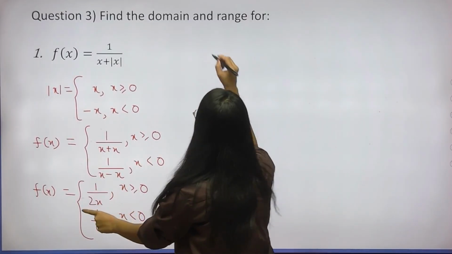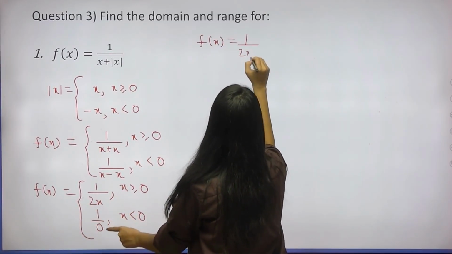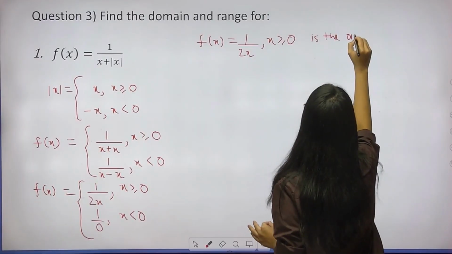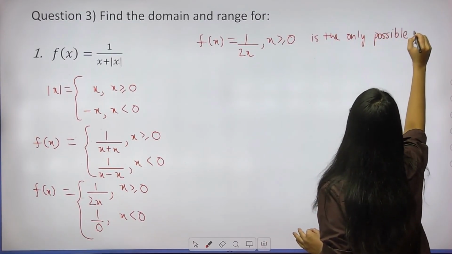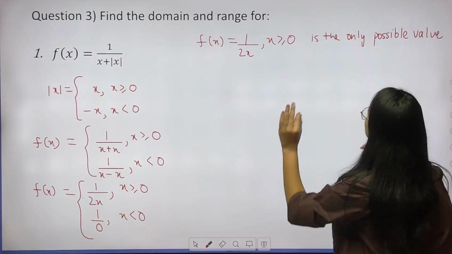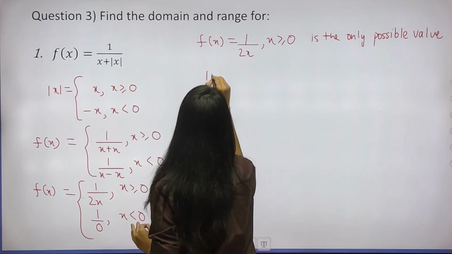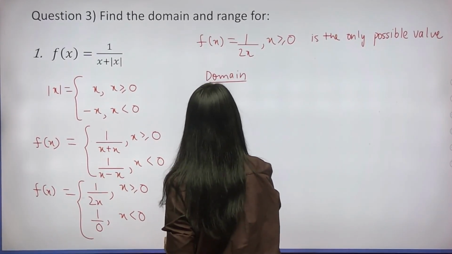So clearly f of x equal to 1 over 2x when x is greater than or equal to 0 is the only possible value of f of x.